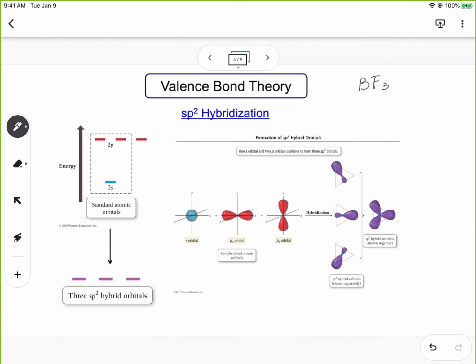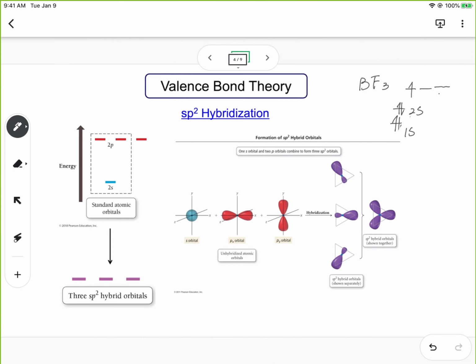We know the boron center has 1s2, and 2s2. Let me write this here. This is 1s, and this is 2s. And on 2p, you have 1 electron.